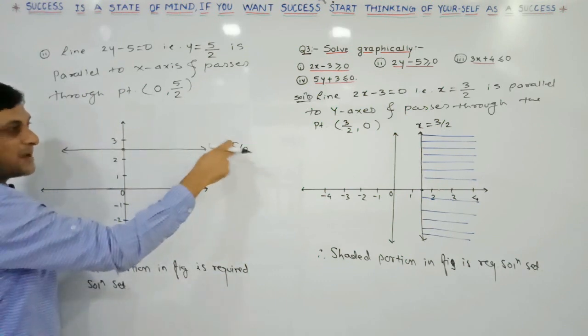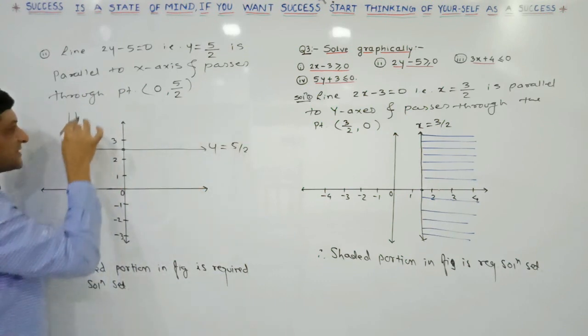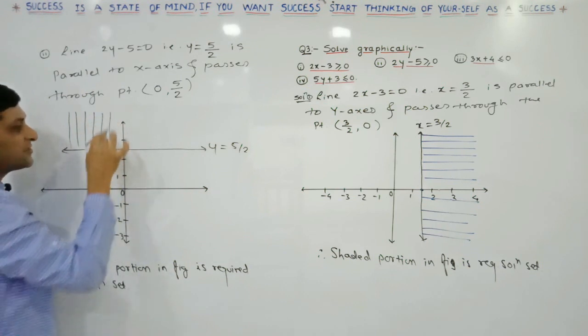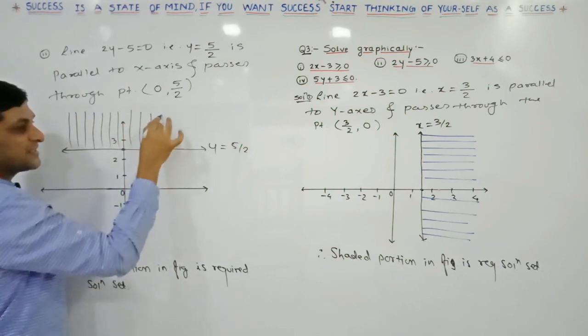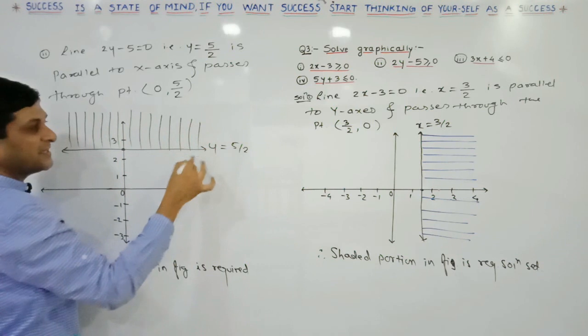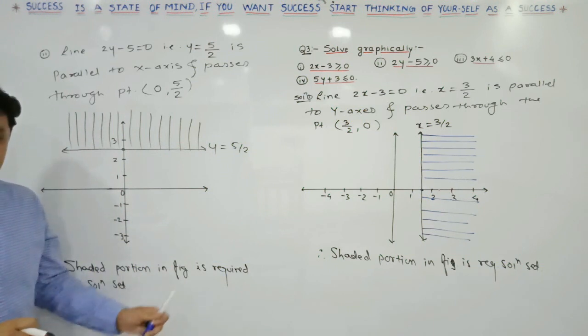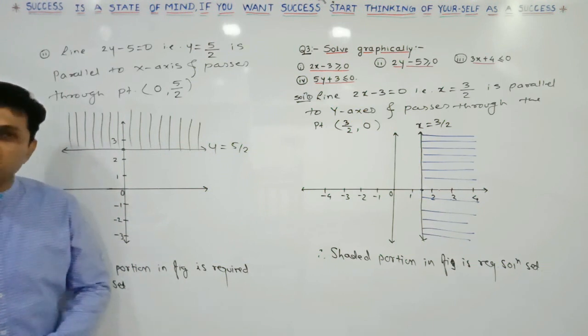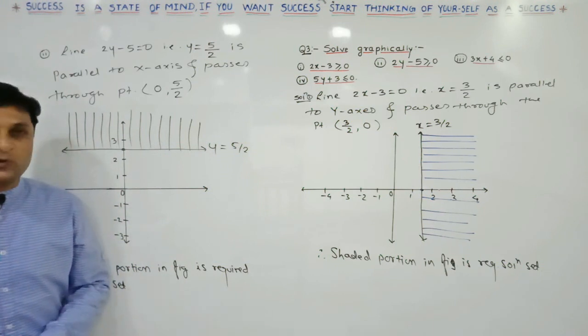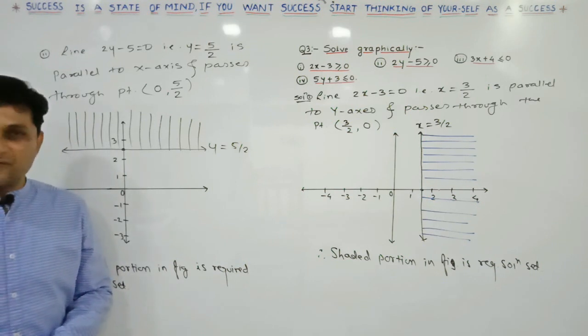Greater than 5 by 2. So that's why we can say that this side will be our solution set. The shaded portion in the figure is our solution set. That's why we have written that the shaded portion in the figure is the required solution set. In this way we are solving our example graphically.